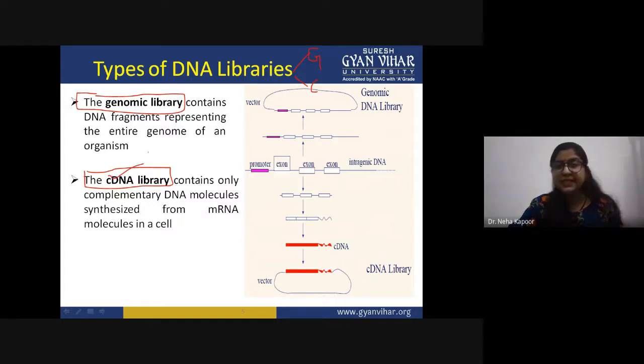So the cDNA library contains only the complementary DNA molecules that are synthesized from messenger RNA molecules in a cell. In short, in the genomic library, all the intronic DNA and exonic DNA clones would be present. That means the junk DNA would also be stored as a clone.